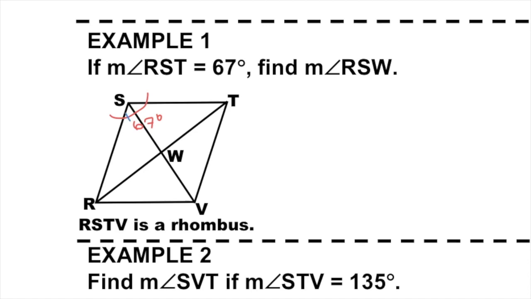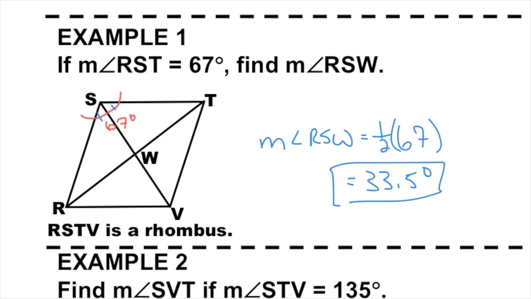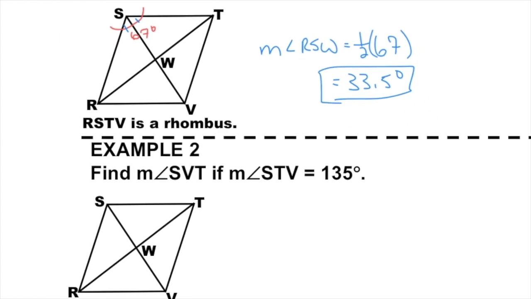But I know that the diagonals bisect that angle, so those 2 angles are congruent. So what that means is the measure of angle RSW is equal to 1/2 of 67 degrees. So I can divide 67 by 2, and I get 33.5 degrees. So the diagonals bisect the angles and cut them in half.